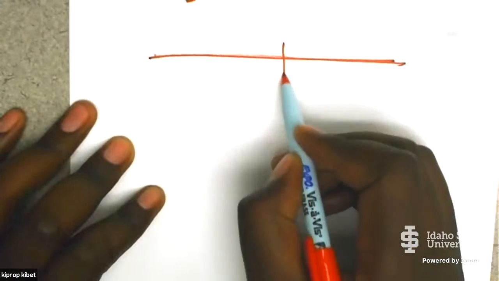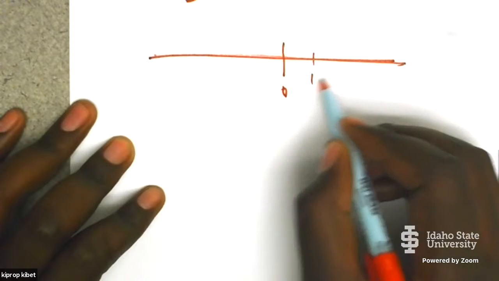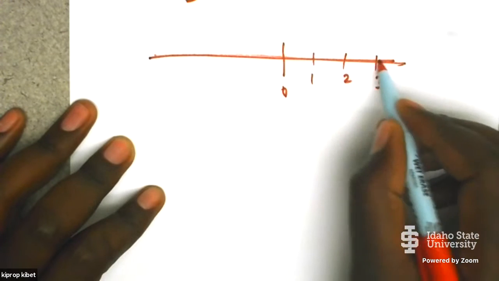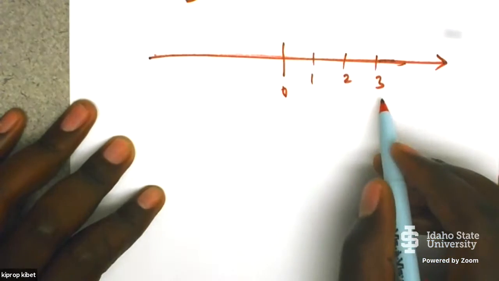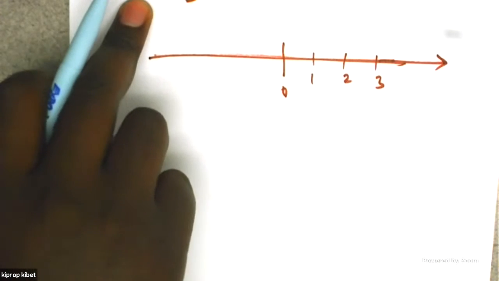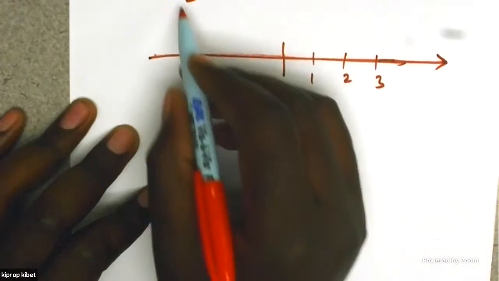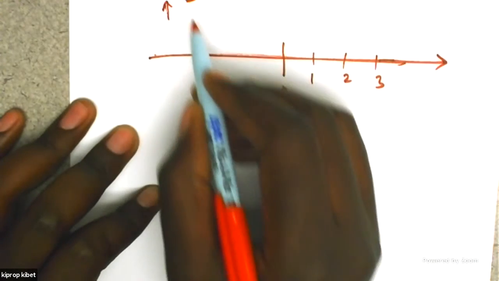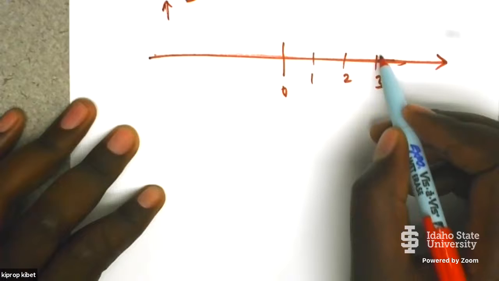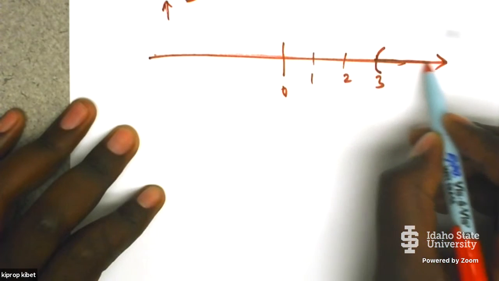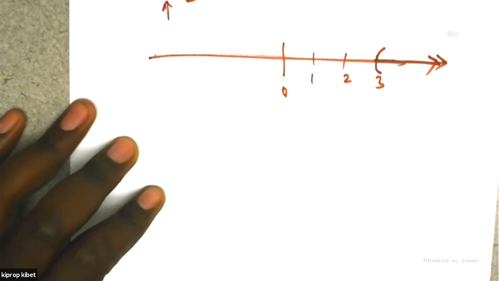When you put this on the number line, this is 0, 1, 2, and 3 there. So the values of x are greater than 3, and this one is not included. So it is open there, and it is going in that direction.